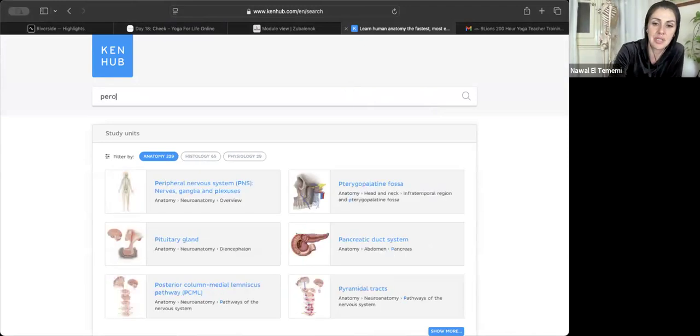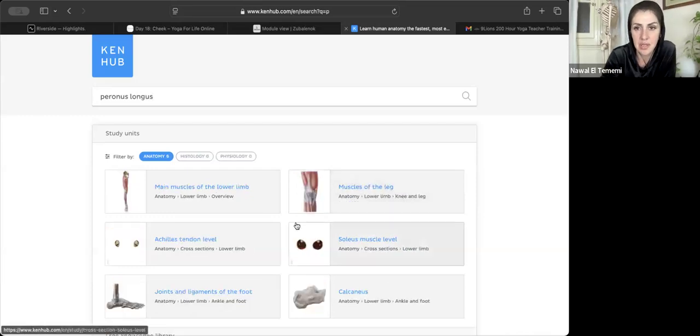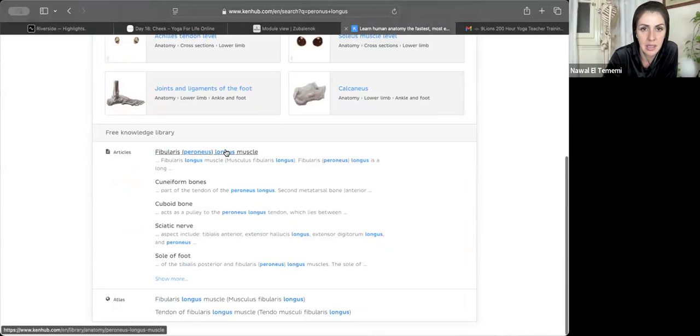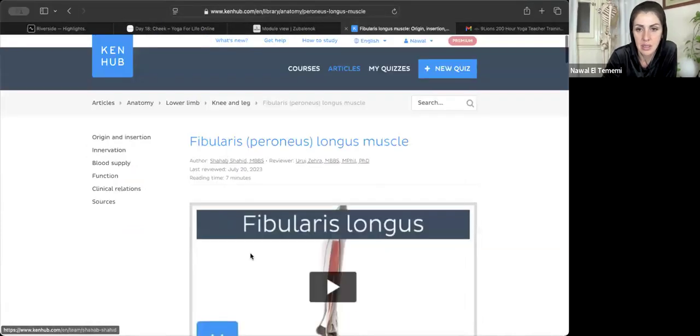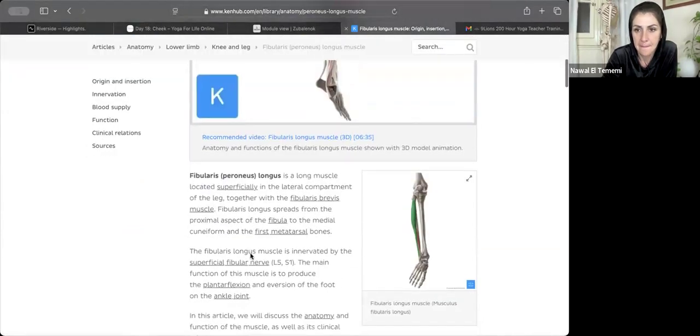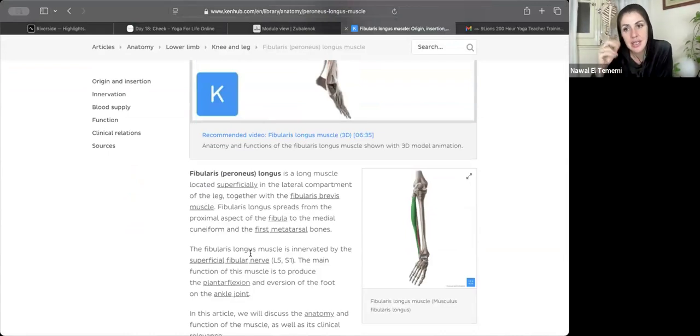And then the last one for today is peroneus longus. This one runs along the outside of the leg, of the calf.